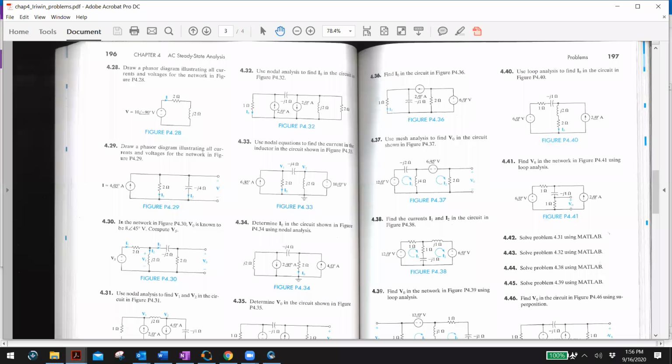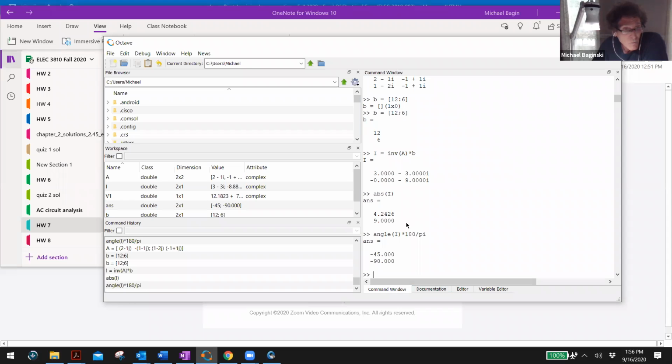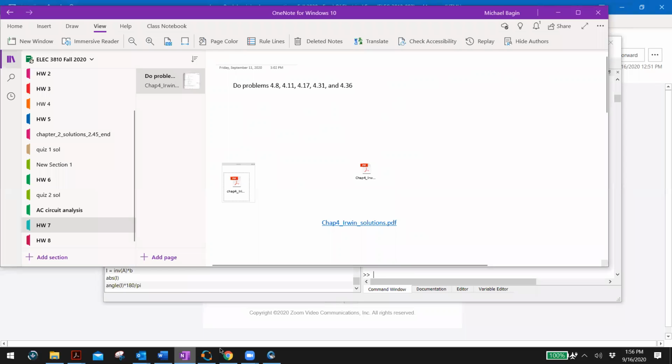So I just looked at the solutions for this problem, and these do not match the answers you just got. What do they have in the solution? It says I1 equals 3.78, and the angle is 18.44 degrees. All right. This is for this problem? Yeah, 4.38, right? Hold on.